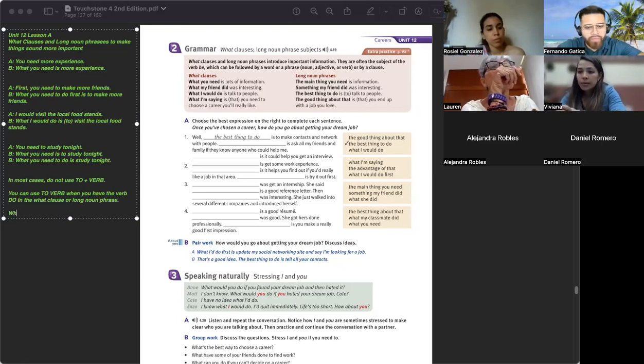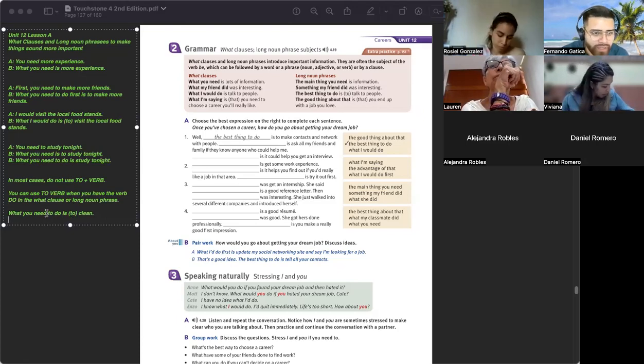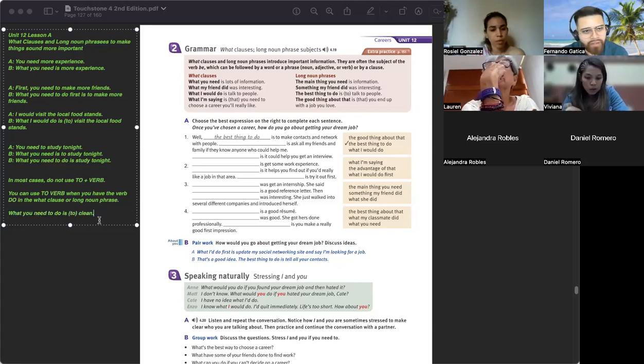For example, what you need to do is to clean. But that is only true if you need to. I think I explained this to you the other day. If you can use an infinitive in the what clause or long noun phrase, then you can use an infinitive on the other side of the sentence.